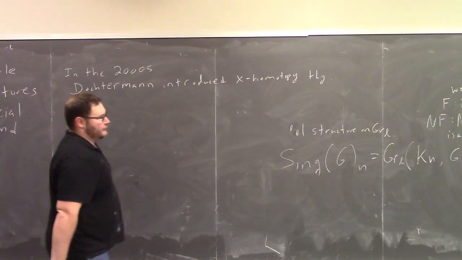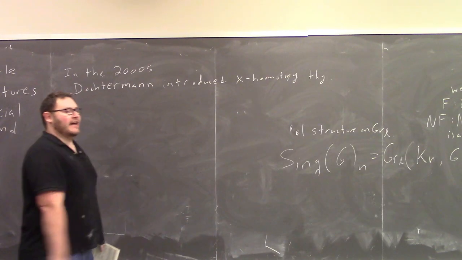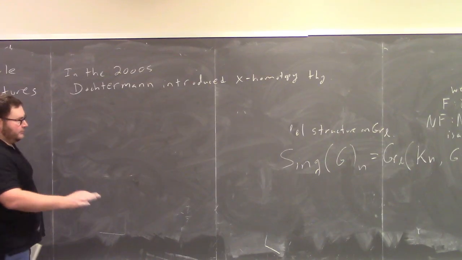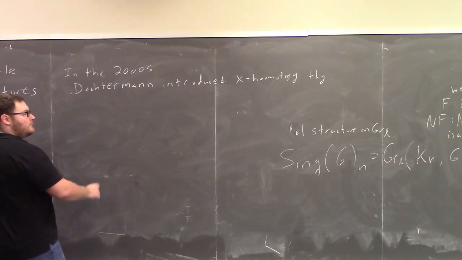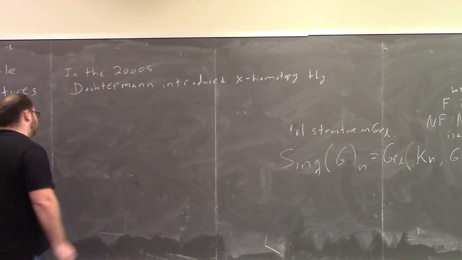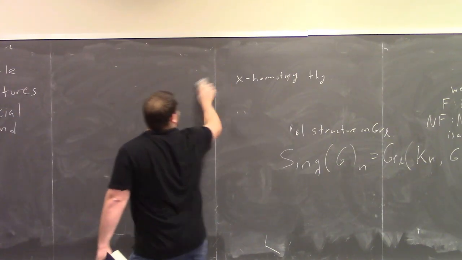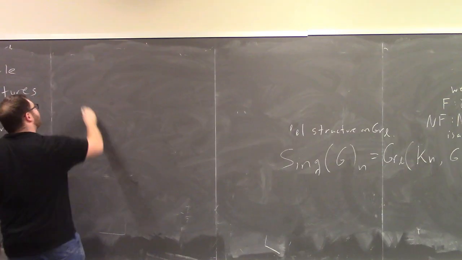So there's another model structure on categories where the weak equivalences are equivalences of categories. But these are not the same model structure. And they're not equivalent. Okay, so the Thomason model structure is a little bit odd in the following sense.